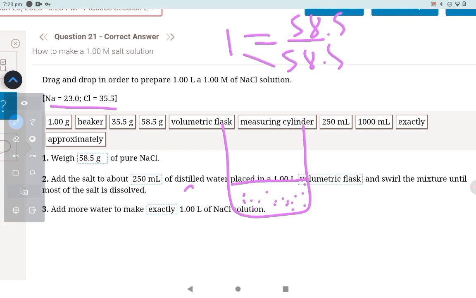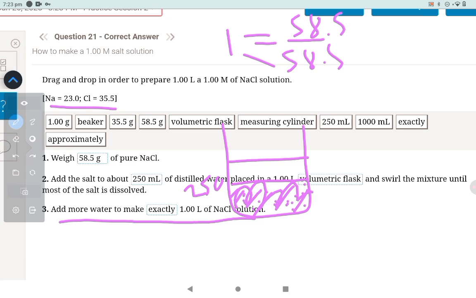It doesn't necessarily have to be exactly 250, we're just saying we first fill in some water, and then we stir it until it dissolves. And then we fill water again. That is what is said in the last step: add more water to make exactly 1 liter of NaCl solution. So first at 250, you mix and stir to dissolve the salt, and then you keep adding the water all the way until you reach 1 liter.